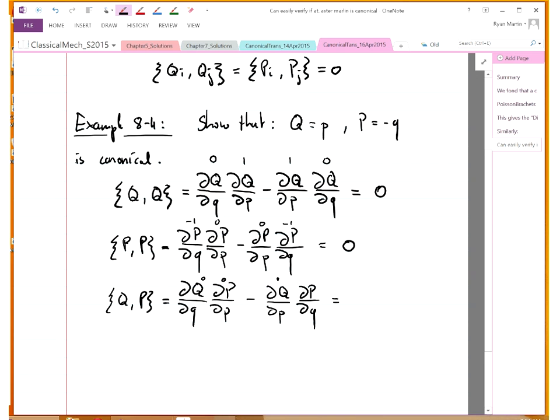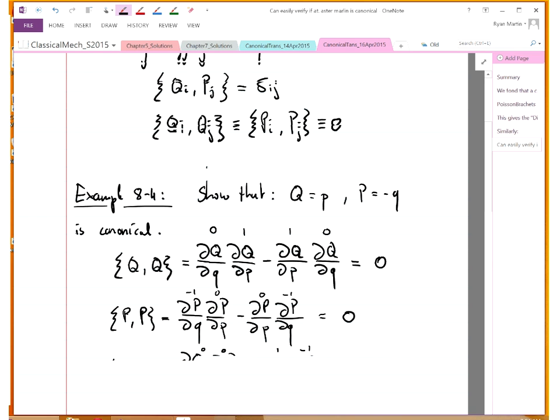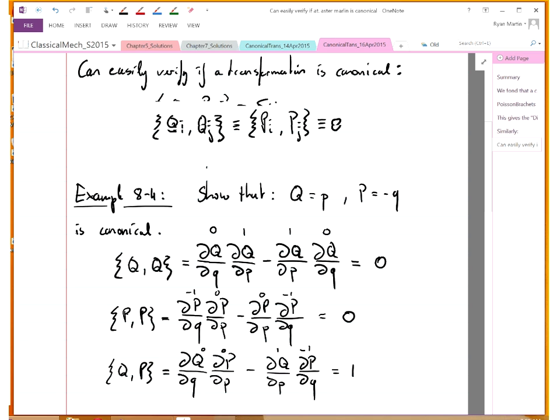Second term, ∂P/∂p is also 0, because capital P doesn't depend on lowercase p. The third term, ∂Q/∂p is 1. And then the last term, ∂P/∂q is minus 1. So 1 times minus 1 is minus 1. There's a minus sign at the front, and so you get plus 1.